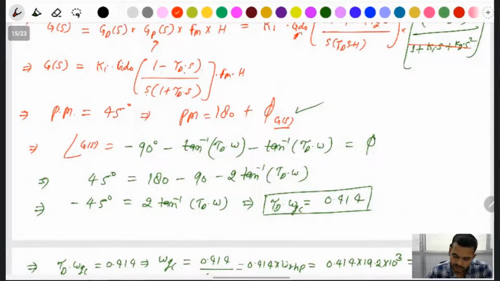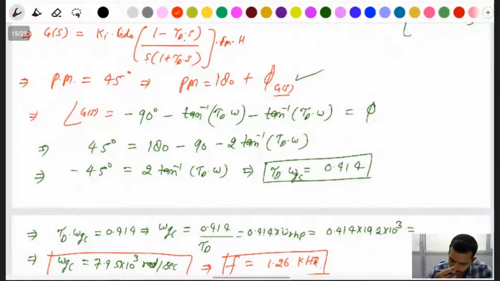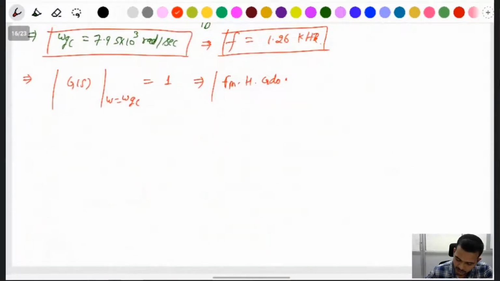So 1 minus tds and 1 plus tds magnitude is the same, that's why this one cancels out, only s is remaining here. S is given like omega gc, magnitude of this.